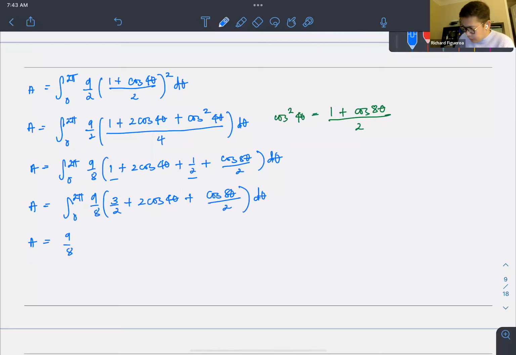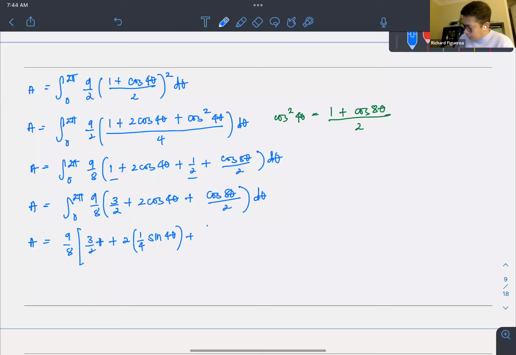So that is 9 all over 8, multiplied with integral of 3 over 2, it's 3 over 2 theta. And then plus 2 times integral of cosine, it's positive sine 4 theta. But then we have the neutralizing factor of 1/4. Okay. So 1/4 sine 4 theta.